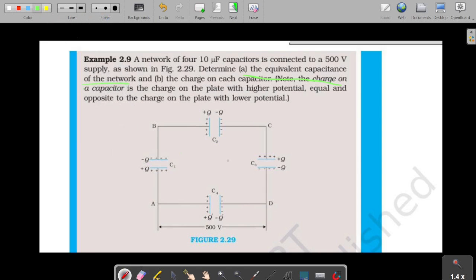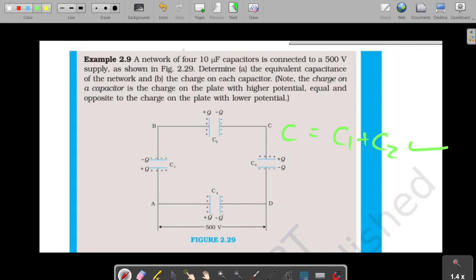So we will calculate the equivalent capacitance. If we have two capacitors and the condition is that the two capacitors are in parallel combination, their equivalent capacitance becomes simply C is equal to C1 plus C2.